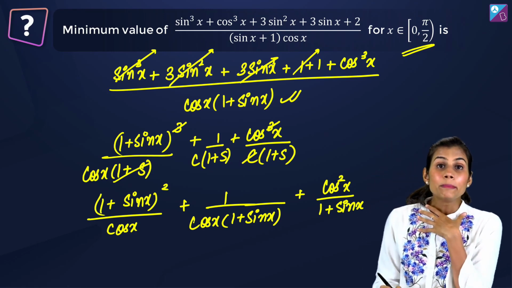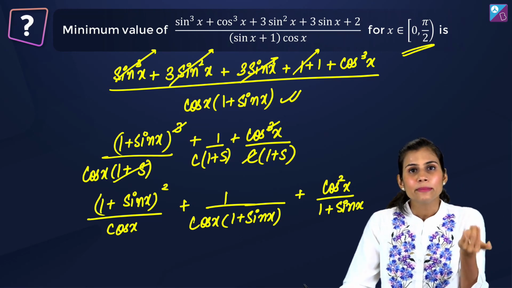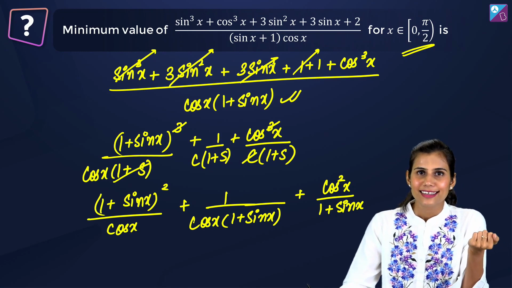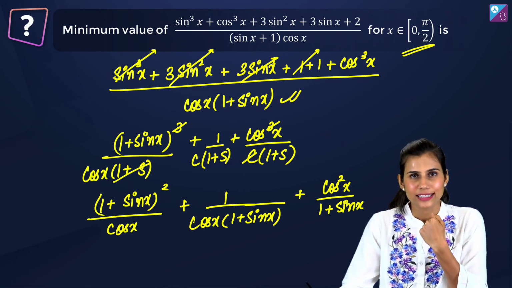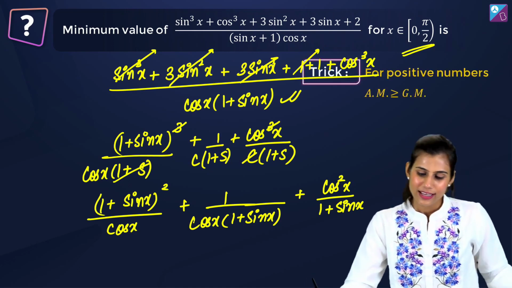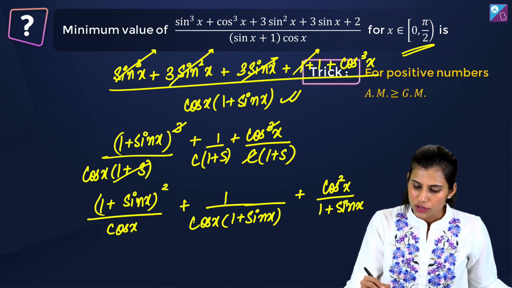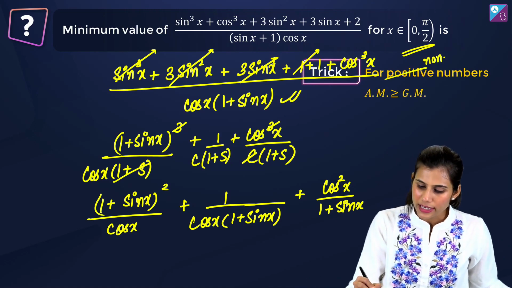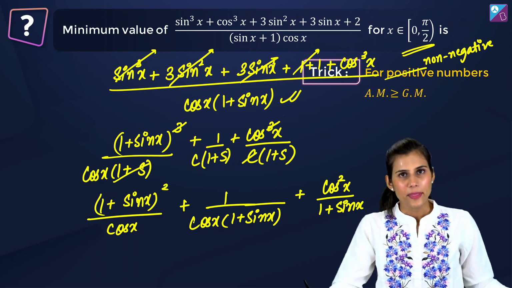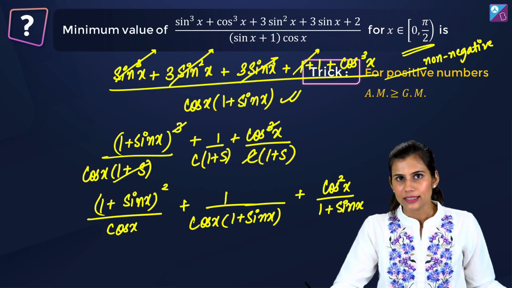Now I want the minimum value. Whenever I need the minimum value, what comes to mind immediately is the AM-GM inequality. Because the AM-GM inequality says that whenever you have non-negative quantities in the picture, not positive, rather non-negative, that means they should be greater than or equal to 0, then their arithmetic mean is always greater than or equal to the geometric mean.